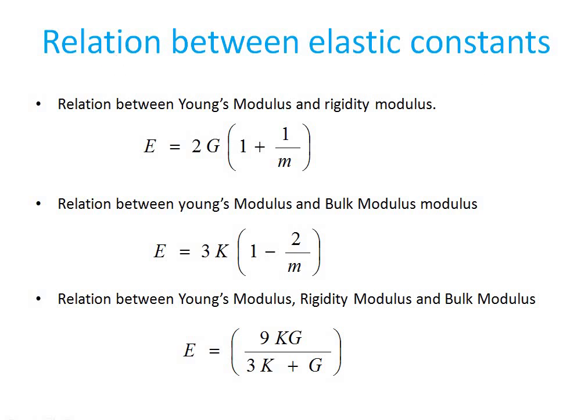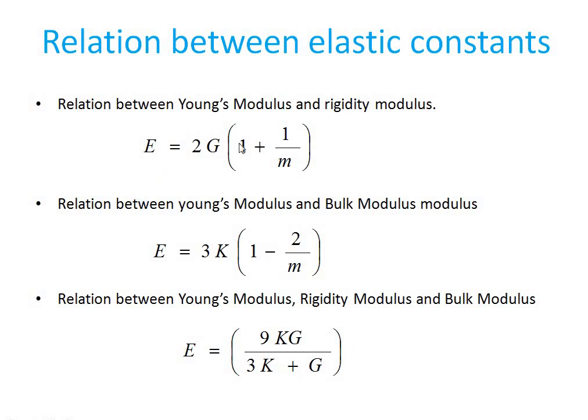Now the relation between elastic constants. The first one is the relation between Young's modulus and rigidity modulus: E is equal to 2G into 1 plus 1 by m, where 1 by m is the Poisson's ratio. We have a detailed derivation for relating these, but at this point the derivation is not needed. So keep these three relations in mind.